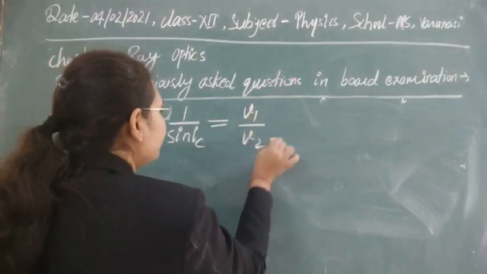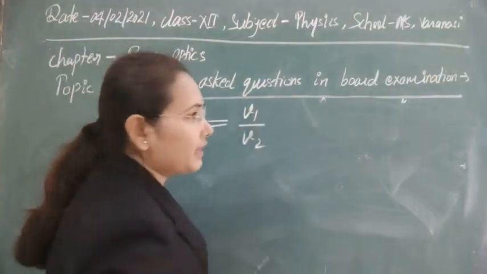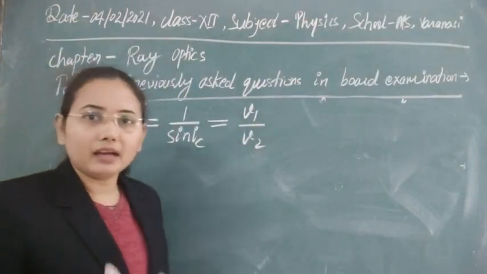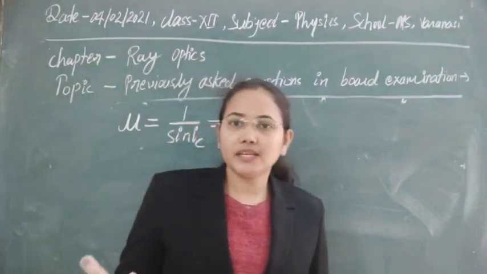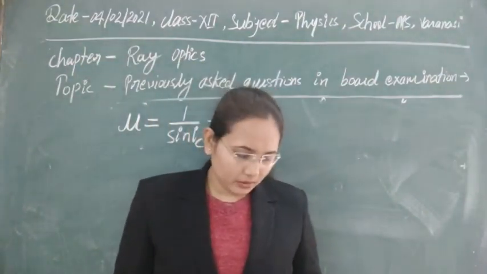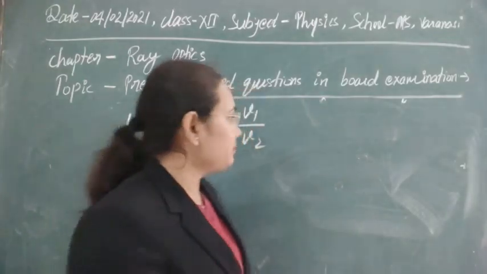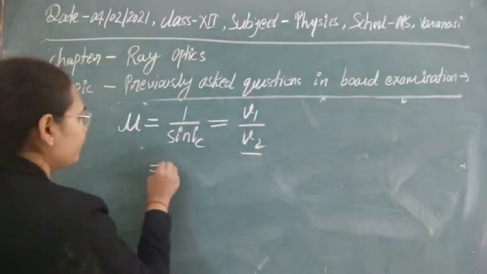V1 by V2, simple. And also, suppose that light is coming from a vacuum and it has speed equal to c, then on entering any medium, what will be its speed? Means we have to find the value of V2.